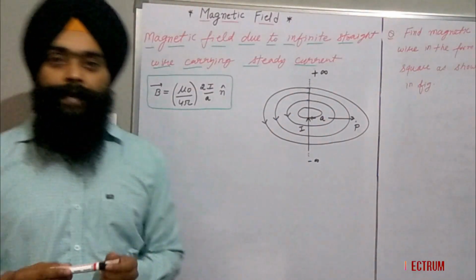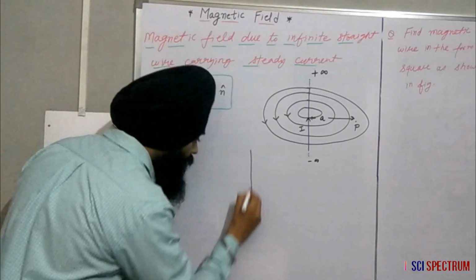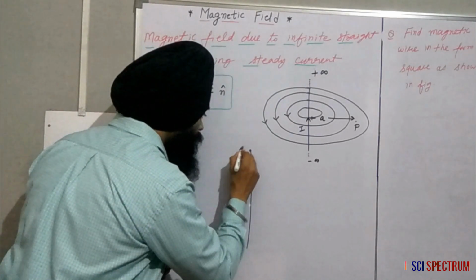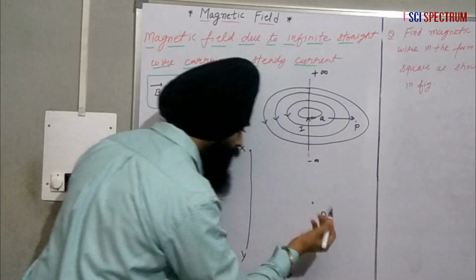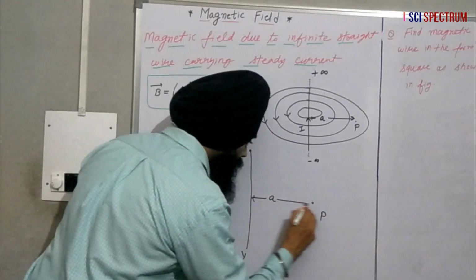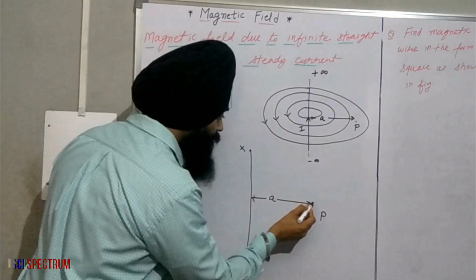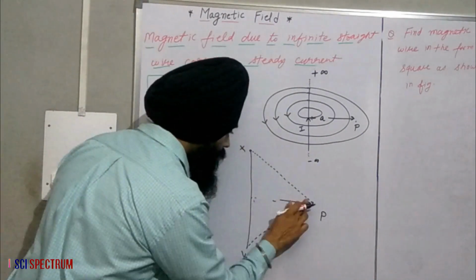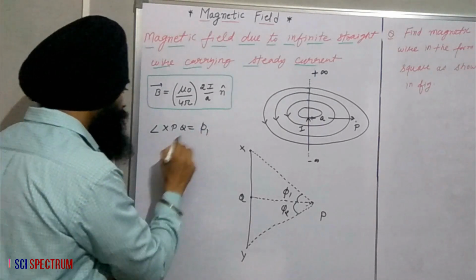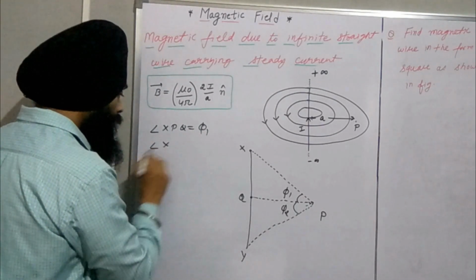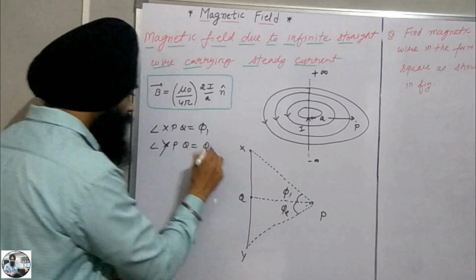If the length is finite, in that case we can consider the wire like this. We have point X, we have point Y. Here we have observation point P, which is at distance a from this wire. Let us suppose that the angle XPQ is phi 1 and the angle YPQ is phi 2.